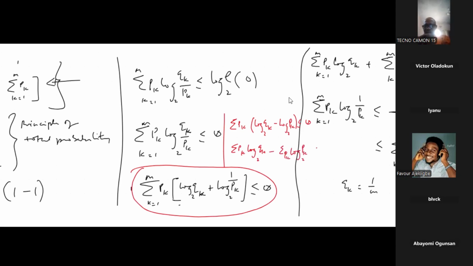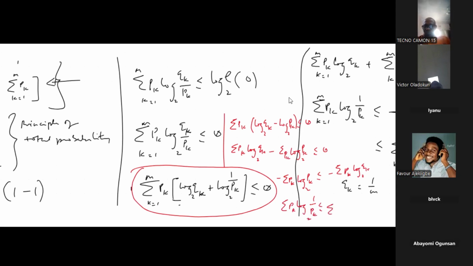So this will give us negative sigma P sub K log P sub K base 2 less or equal to minus sigma P sub K log Q sub K base 2. Now, minus this is the same as sigma P sub K log 1 over P sub K base 2 less or equal to sigma P sub K log 1 over Q sub K base 2. So we still arrive at the same thing.